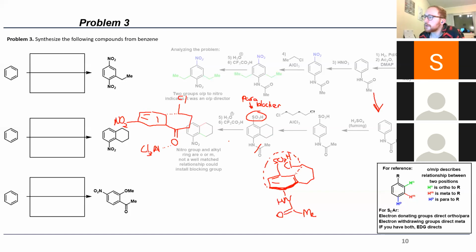Wouldn't there be carbocation rearrangements in the Friedel-Crafts? Why is there not a carbocation? Yeah, that's a great question, and I do actually now remember my original answer to this. A couple of people have pointed this out. There is, in fact, the possibility of carbocation rearrangements.